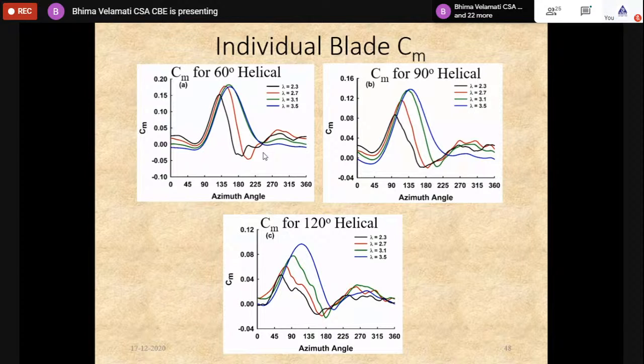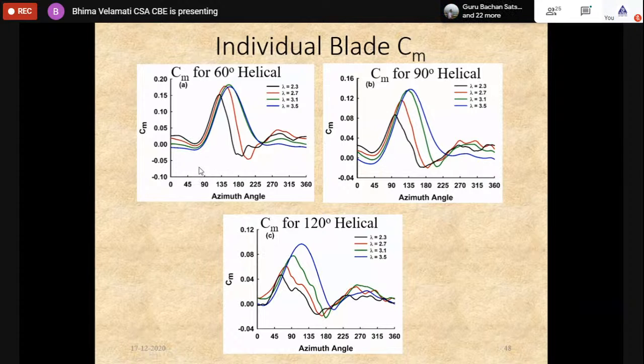You can see as the blade helix angle increases, like 60, 90, 120, the region where the power is extracted, the base of the peak that you see, is increasing.